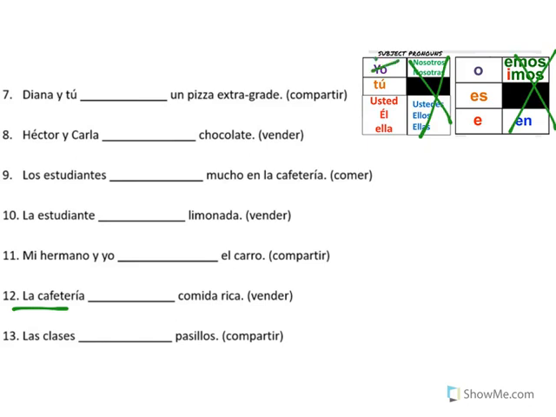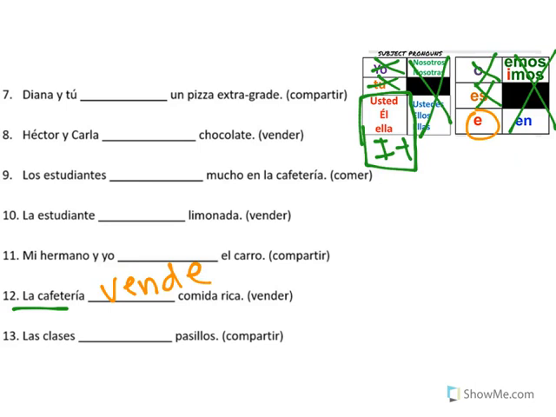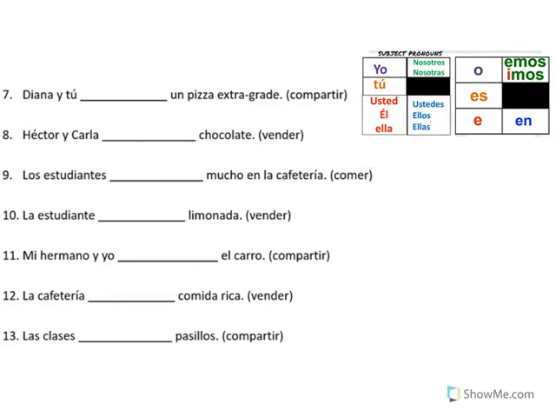The cafeteria is definitely not I, and it's not you. It's an it, and the word it falls in this box. So, ending E. La cafetería vende. The cafeteria sells good food. I hope.